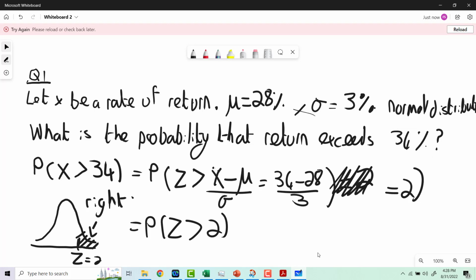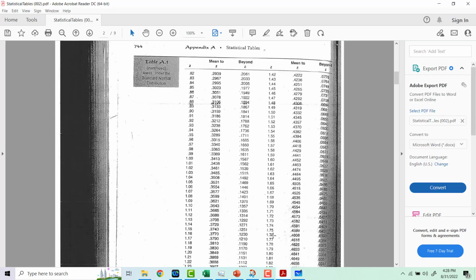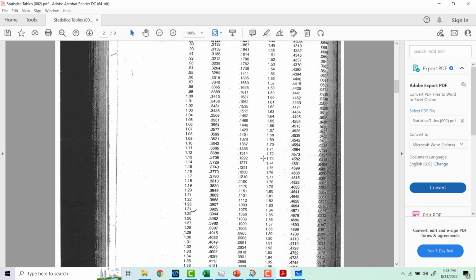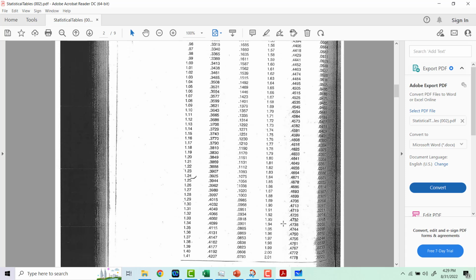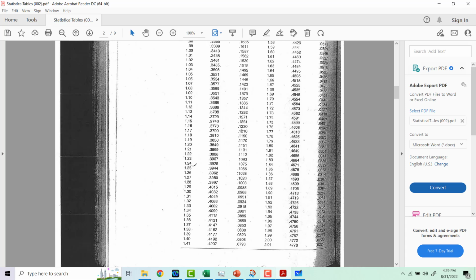So let's have a look at our z value here in our table. And we can see to the left is 0.4772. And if you look very closely, that's 0.0228. So that's the area to the right of the z from the table.